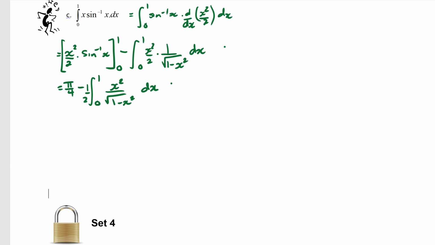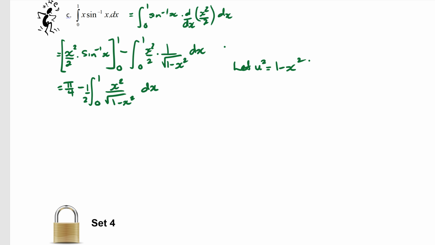Now you might hark back to earlier on where we said if we've got one of these, then one thing to try is to do a change of variable where we work on the rational part. So I could let u equal 1 minus x squared, but it will make the bottom nicer if I let u squared equal 1 minus x squared, so that the bottom will then just become square root of u squared, which is u.